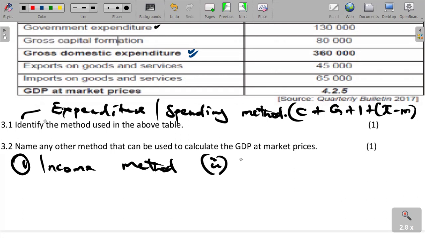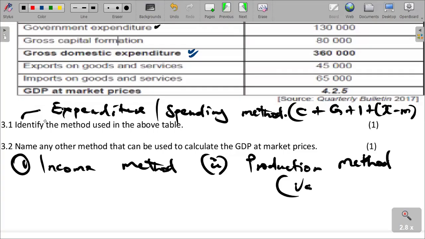I'm sure we also know the production method, which is also called the value added method.